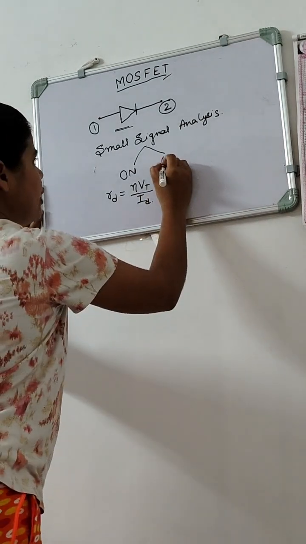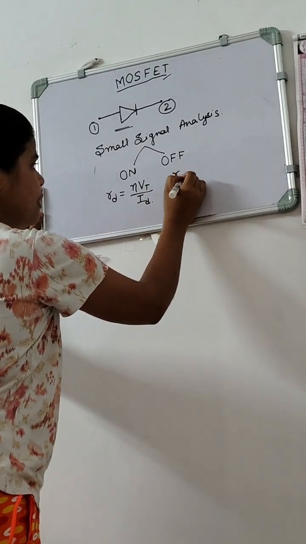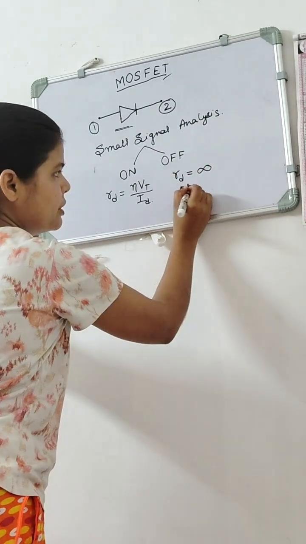And whenever diode is off, we replace the diode with RD equals to infinity, that is, we replace it with an open circuit.